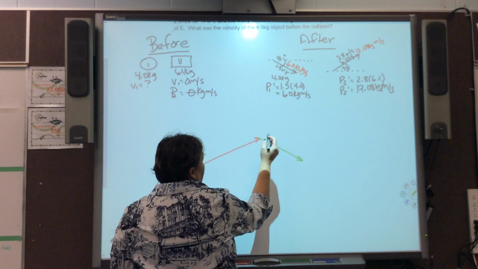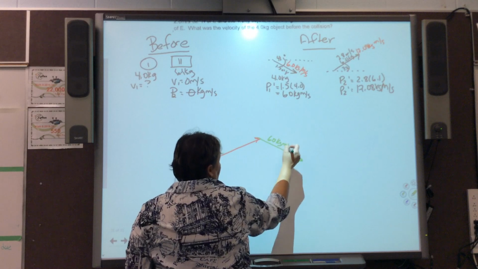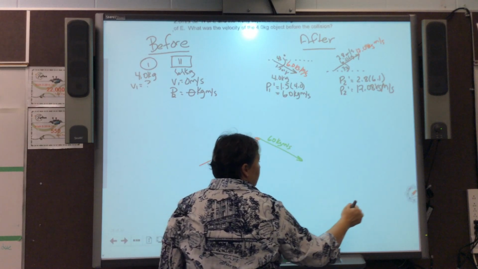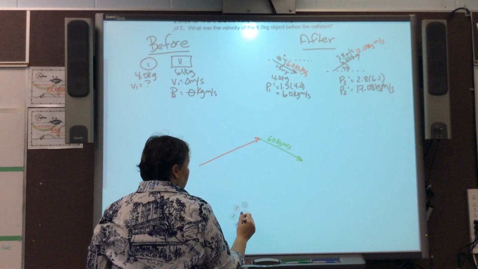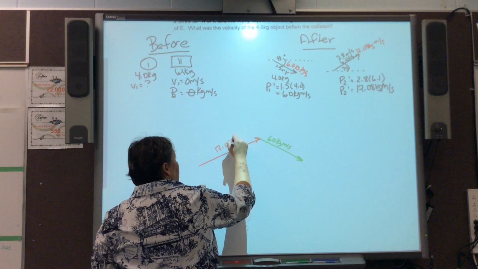So this one is 6.0 kilograms meters per second, and this one is 17.08.